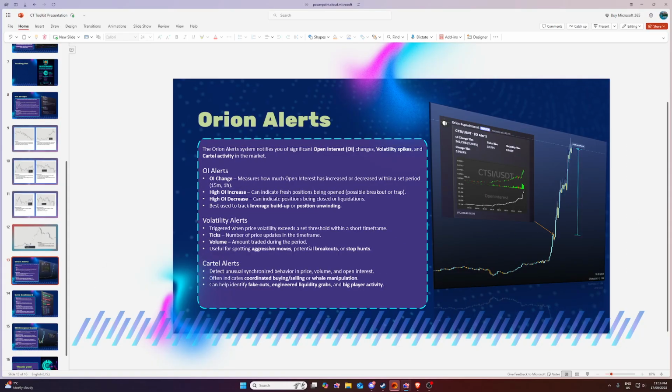Alright, next up we also have the alerts, which are categorized into the open interest alerts, volatility alerts, and the cartel alerts. I personally find the open interest and cartel alerts to be the most useful and with the highest potential of catching a very good trade. For open interest, it's pretty straightforward.